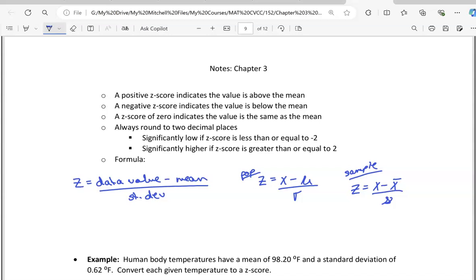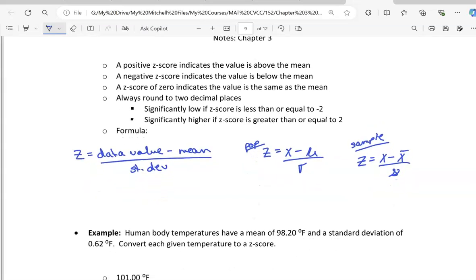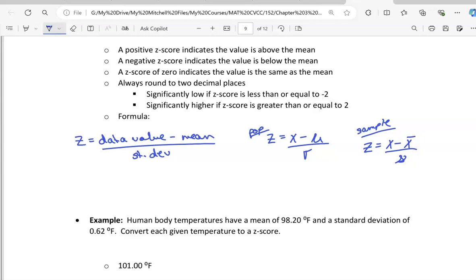So one of three things is going to happen when we compute this. We're either going to get a score of 0, we're going to get a negative z-score, or a positive z-score. So let's look at what that's going to mean. We're going to come up with just a really easy example here. Suppose our mean is 2 and our standard deviation is 3.